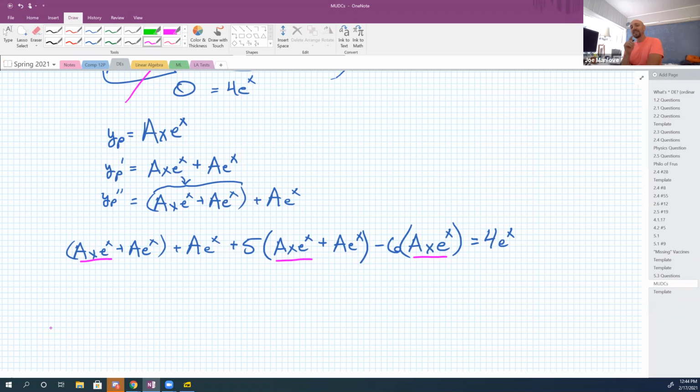So because e to the x was a homogeneous solution, and the way the product rule works, I'm always going to see these guys left out in the cold. They'll always cancel. So if it's a homogeneous solution and you guess x times that thing, all the ones with an x on them are going to cancel, and all the regular ones are going to be left over.